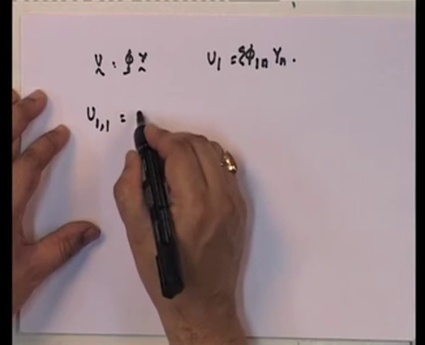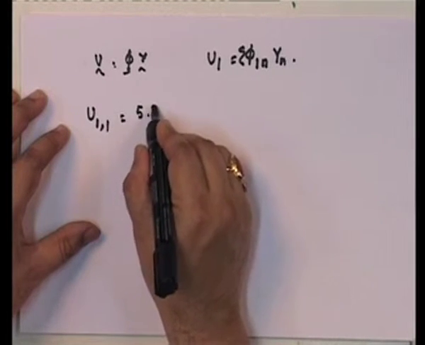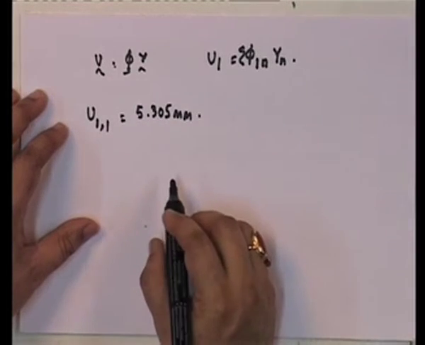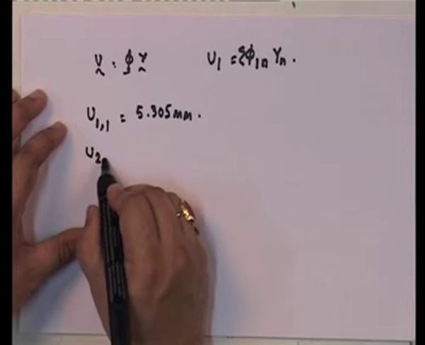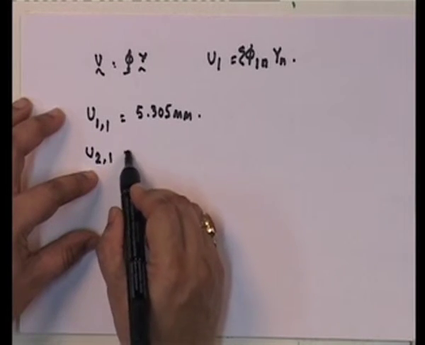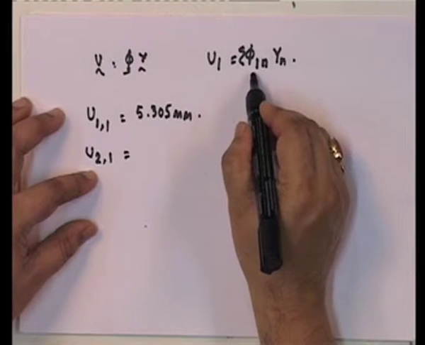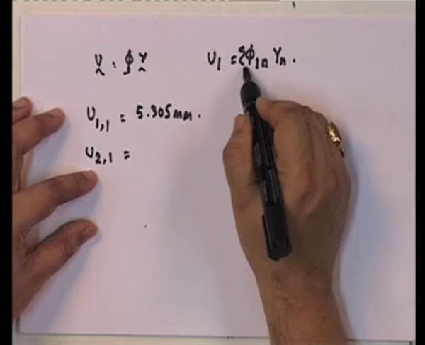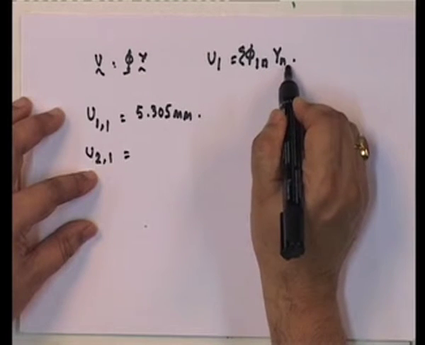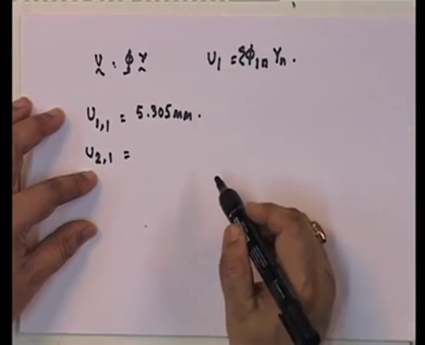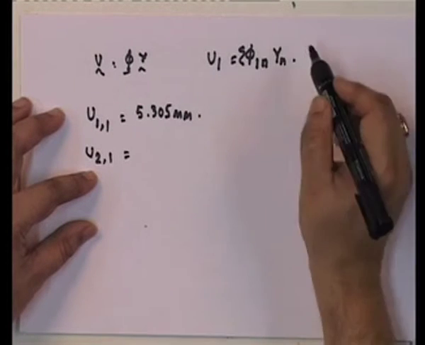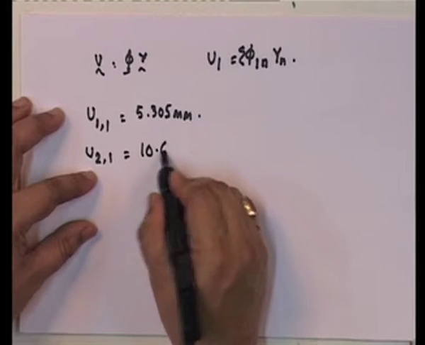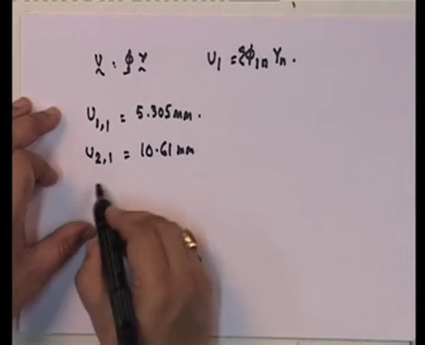If I do phi 11 into y1, I get 5.035 millimeters. The second displacement in the first mode is phi 21 into y1, which is equal to 10.61 millimeters.